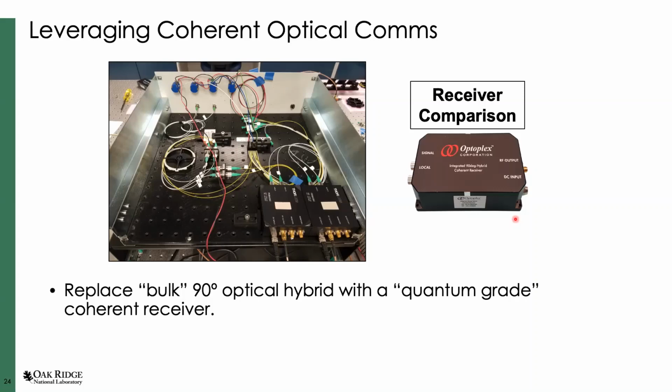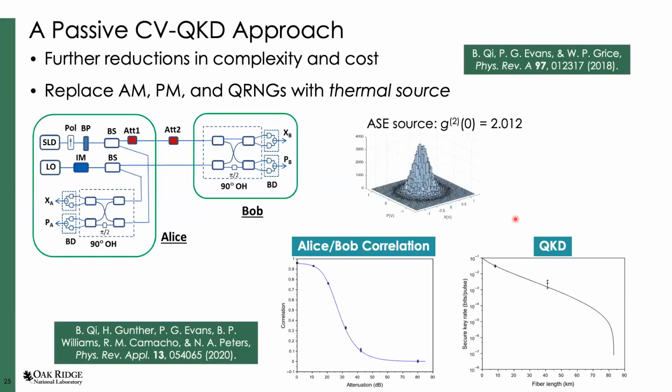We're also working on some integrated optics, which is related more to this next slide. One of the ways that we're looking at is to use integrated optics to do passive encoding. Let me just explain the idea of this slide first. We did this in bulk optics. The idea here was we take a noise source, like an amplifier or a superluminescent LED, that emits light with random amplitude and phase fluctuations.